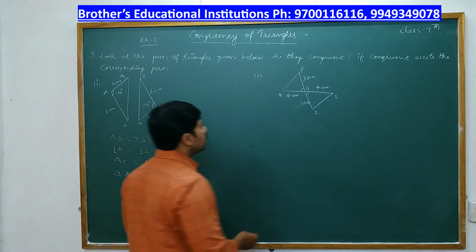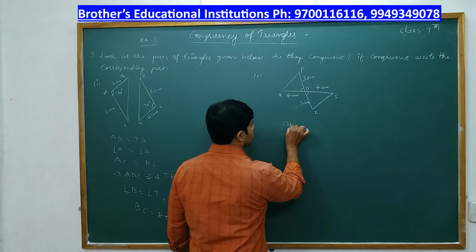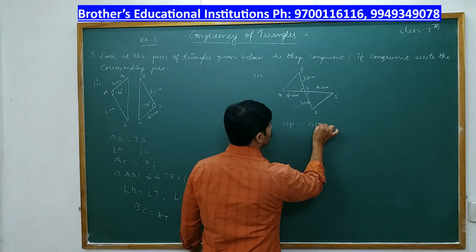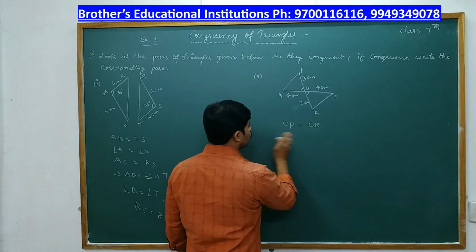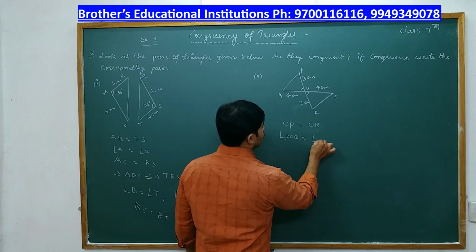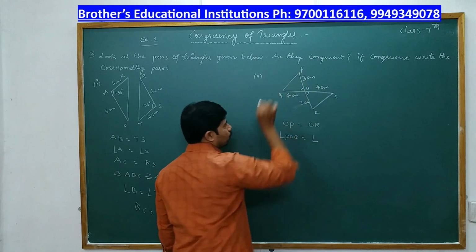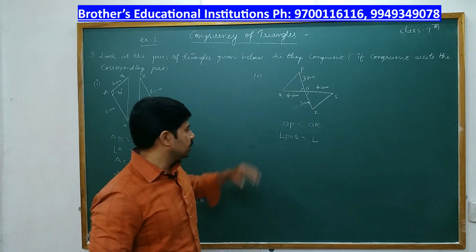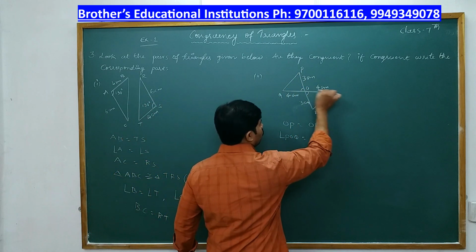Right. So here, in these two triangles, we say OP is equal to OR, then the included angle, angle POQ is equal to angle ROS, see that O is in the middle.